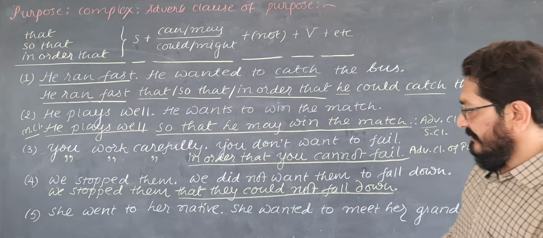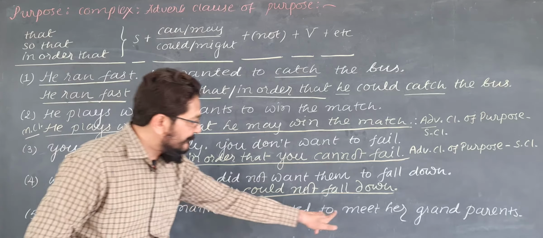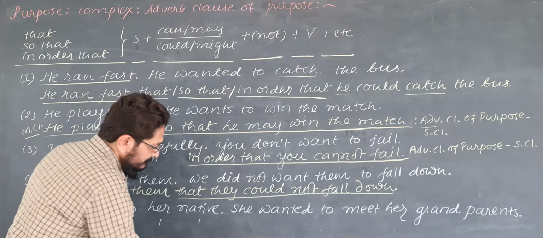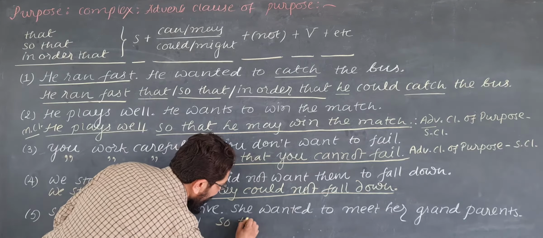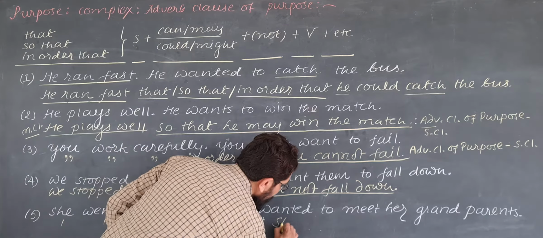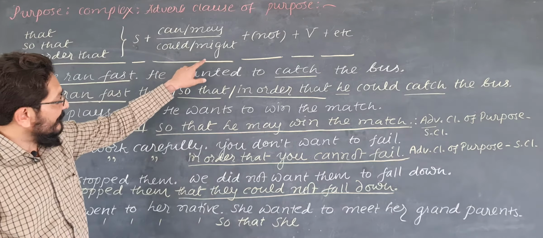She went, one subject, one finite verb. She wanted, one subject, one finite verb, to meet non-finite verb. Now, we want to make it complex. She went to her native so that, function word, any of these three. She can, may, could, might. Wanted, past.